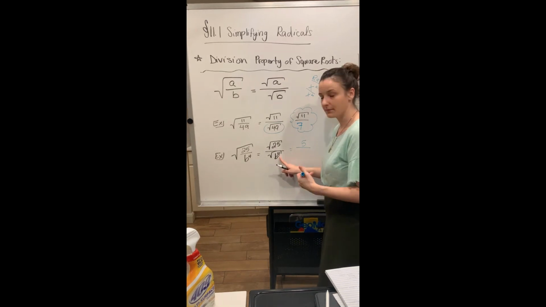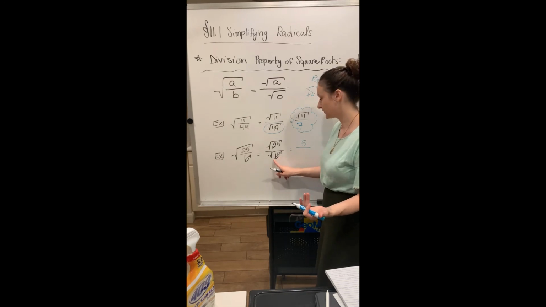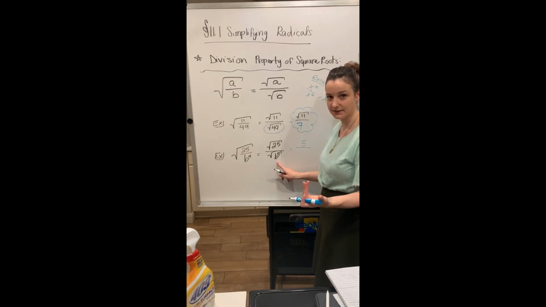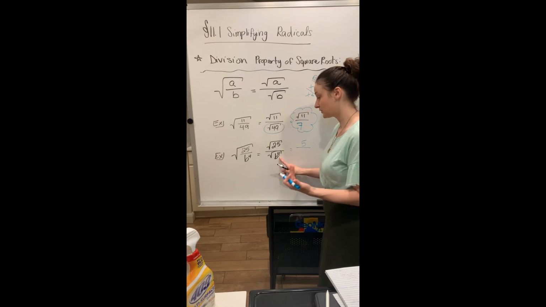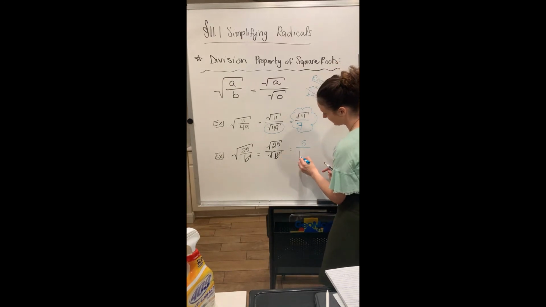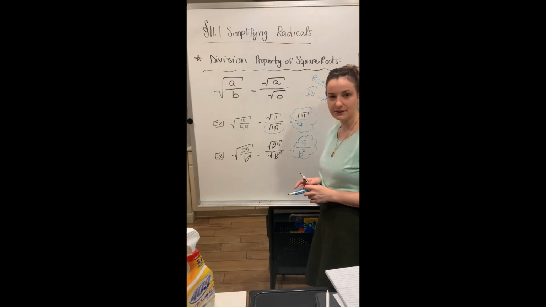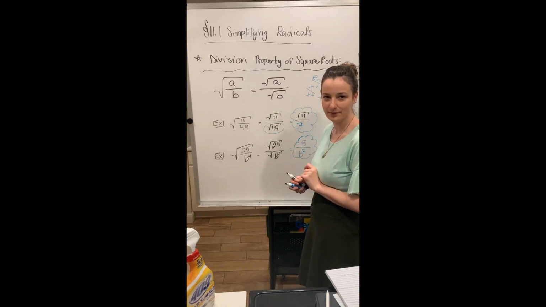So what number added to itself, remember the exponent law is when you're multiplying with the same base, you're going to add the exponents. So what two numbers that are the same are going to add up to 4? Well, 2 plus 2 is 4. So the square root of b to the fourth is b squared. And so now our simplified answer is going to be 5 over b squared.